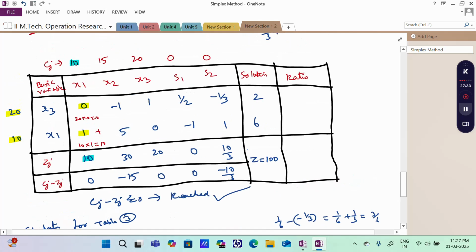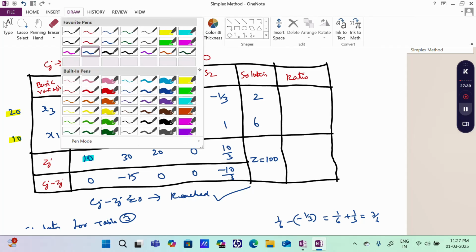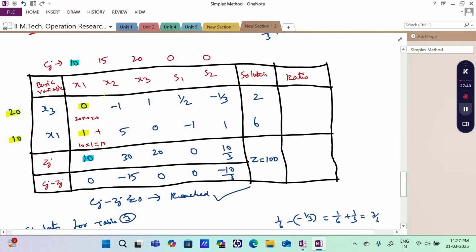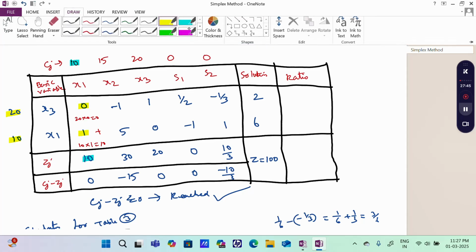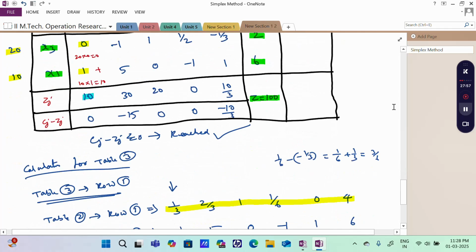Now how to write the answer? The answer is x3 equals 2, x1 equals 6, and z equals 100.